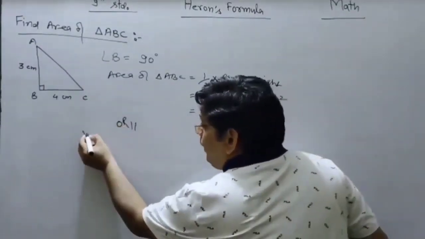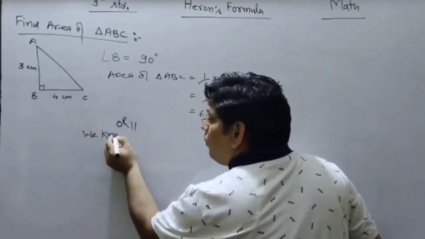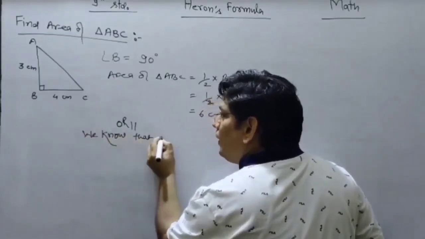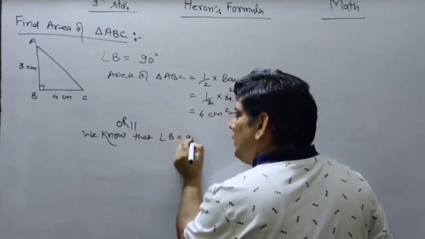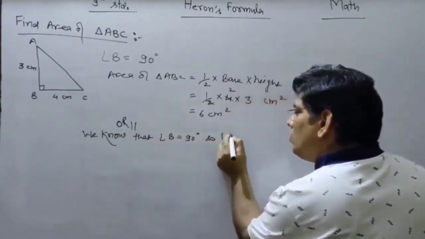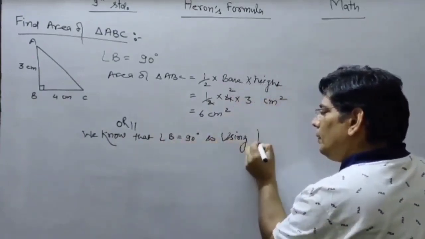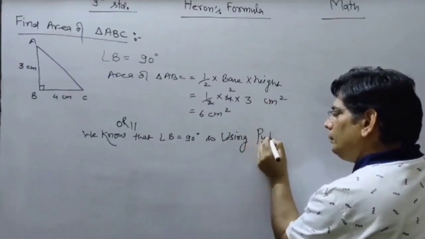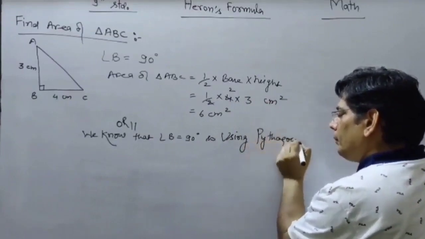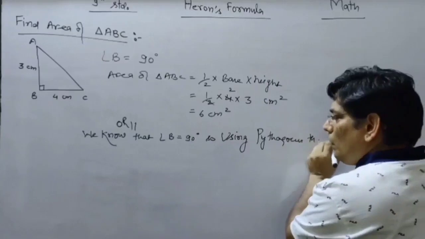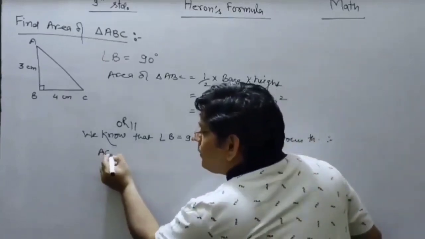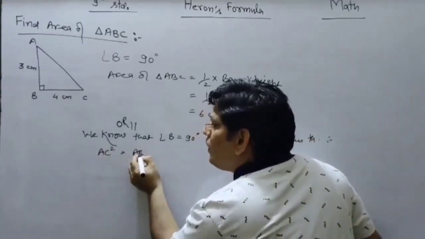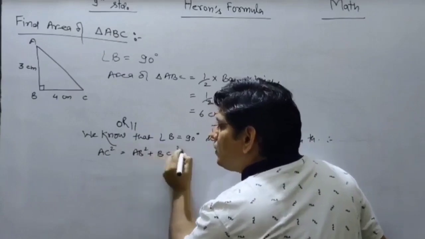So first of all we should calculate the hypotenuse by using Pythagoras theorem. So we know that angle B equals 90 degrees. So using Pythagoras theorem, AC square equals AB square plus BC square.